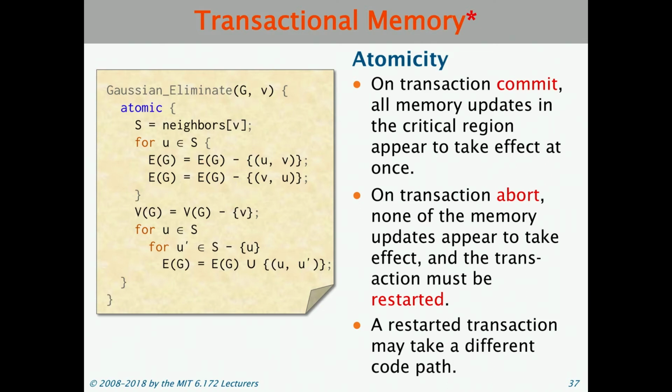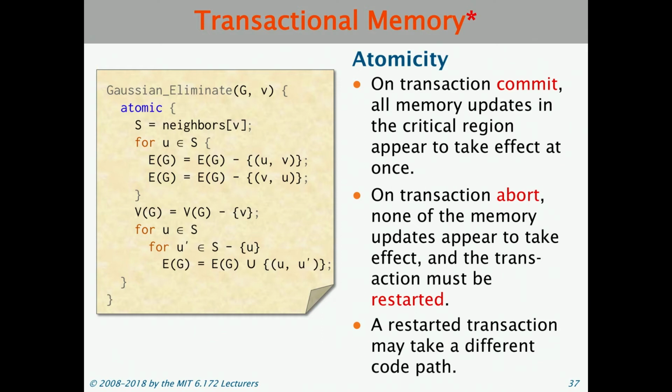Now let me get rid of the element V, and now for all of the neighbors of U, let us add in the edge between pairs of neighbors. That's basically what it's doing. And I'd like to just say, hey, that's atomic.